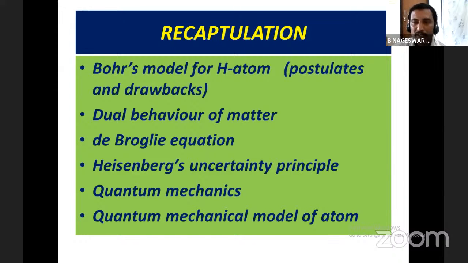Mainly in today's session we have to discuss quantum numbers. What we discussed in the last session, just see children: Bohr's model for hydrogen atom, dual behavior of matter, de Broglie equation, Heisenberg's uncertainty principle, quantum mechanics, quantum mechanical model of atom. These topics we discussed in the last session.